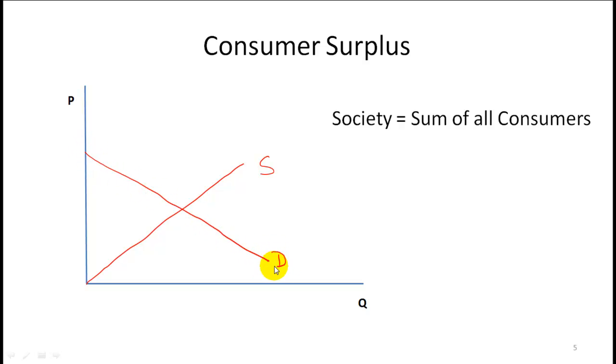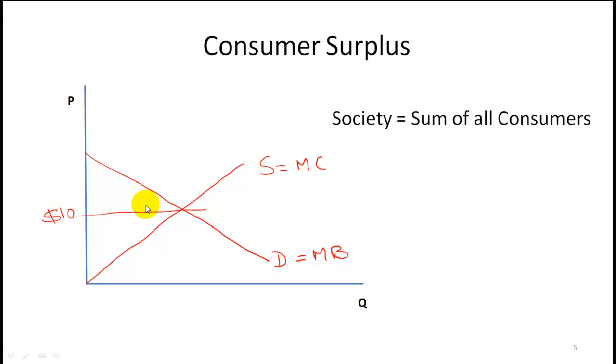Remember, demand is your marginal benefit and supply is your marginal cost. Now what is the equilibrium price? Equilibrium price, let's say here is $10. Okay, so that's the equilibrium price.